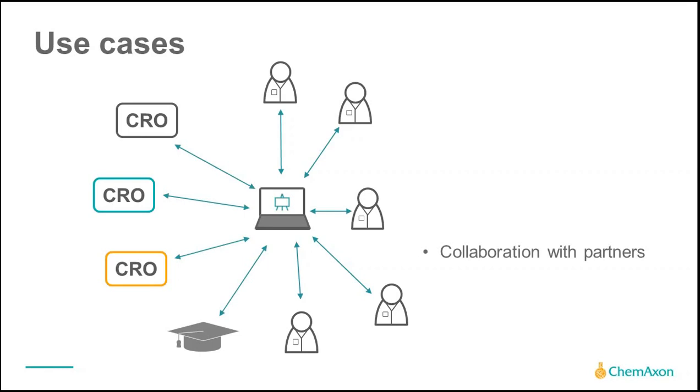So really, the application can be used from very small scale up to really large scale use cases with multiple collaborators. Marvin Live maintains various domains, so if you don't want CRO1 to see what CRO2 is discussing with you, the information can of course be separated from each other.